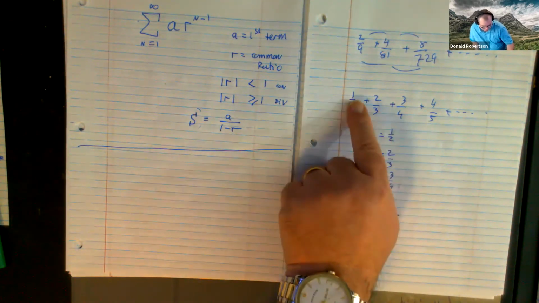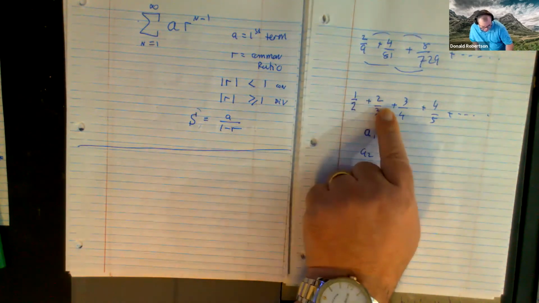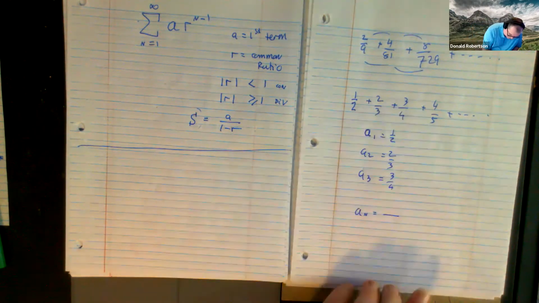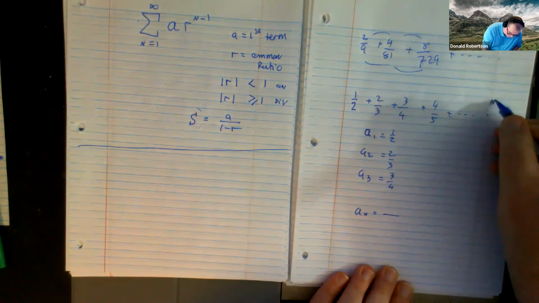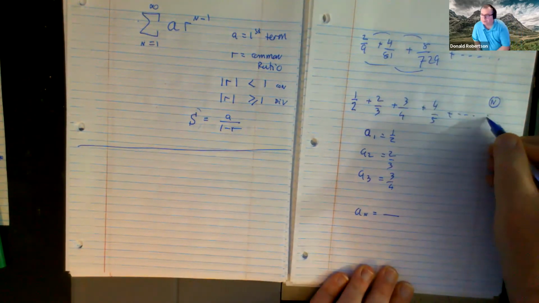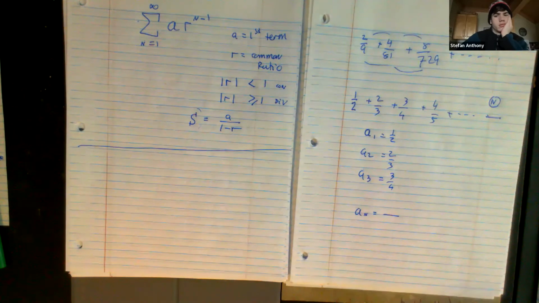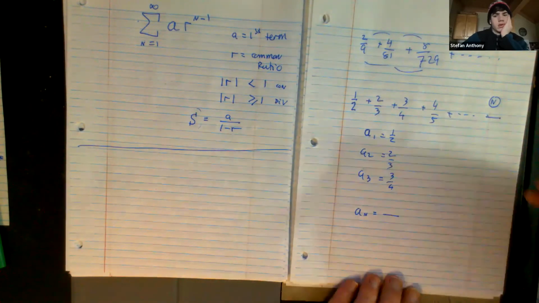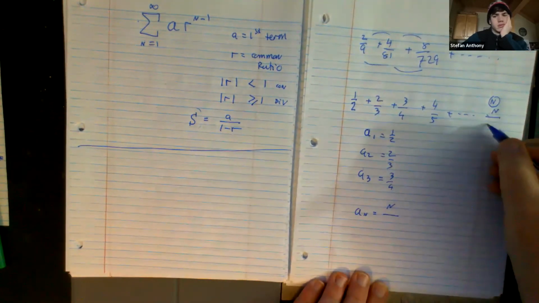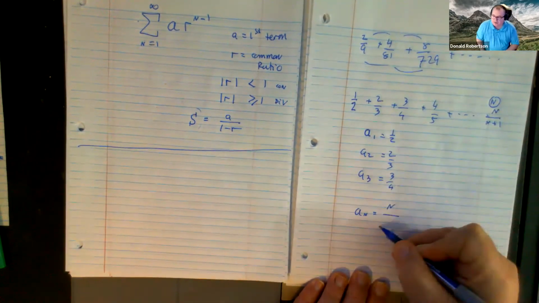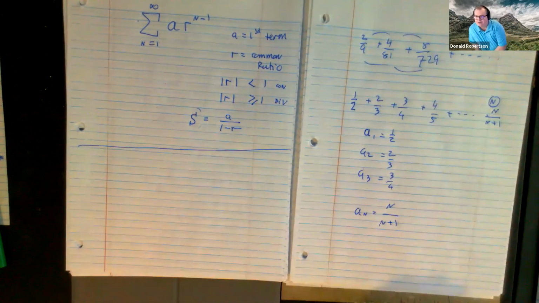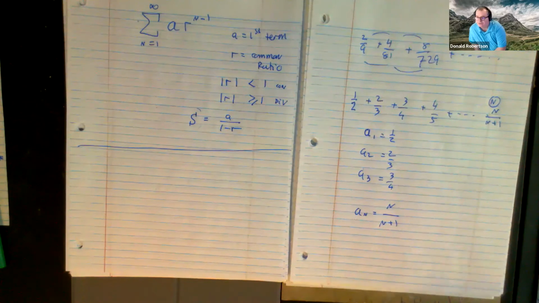The first guy is 1 on the top, the second guy is 2, the third guy is 3, the fourth guy is 4. What would the nth guy be on the top? And what would the guy underneath be? That would be n+1. Do you all agree on that? I know we haven't done a lot of them, but didn't we do some practice creating the formula for some guys? This is a case where that happens.